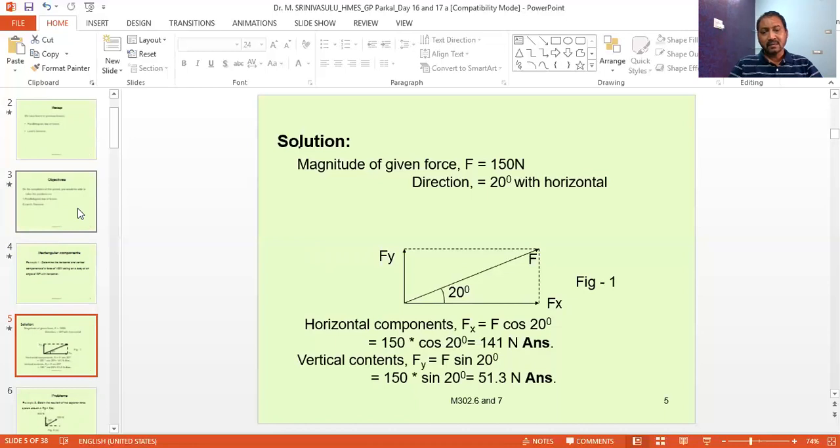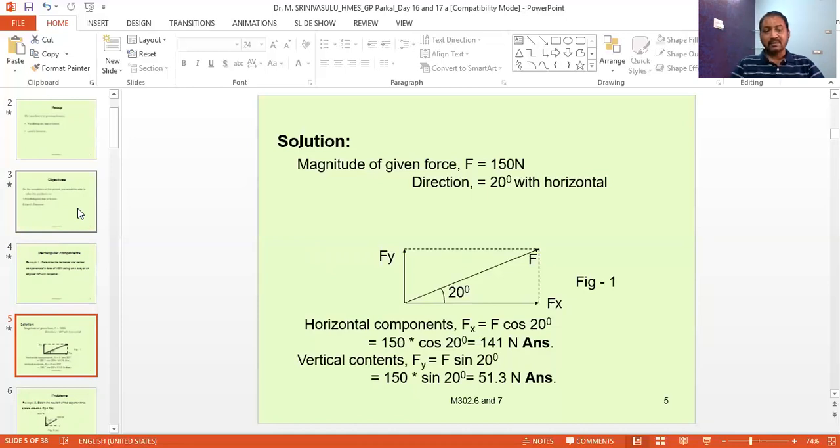Now the vertical component Fy is equal to F sin theta. That is equal to 150 sin 20, which is equal to 51.3 newtons.